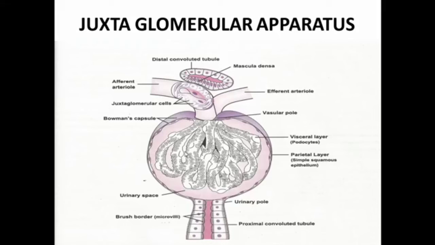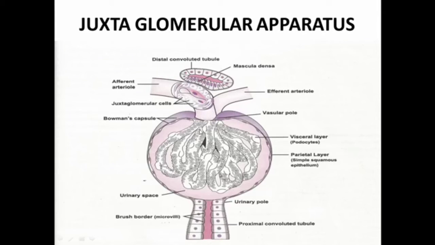And then the juxtaglomerular apparatus, I have already told you. You can see this is the location of the juxtaglomerular apparatus. This is the vascular pole, and at the vascular pole there are the extraglomerular mesangial cells, which are not shown here.